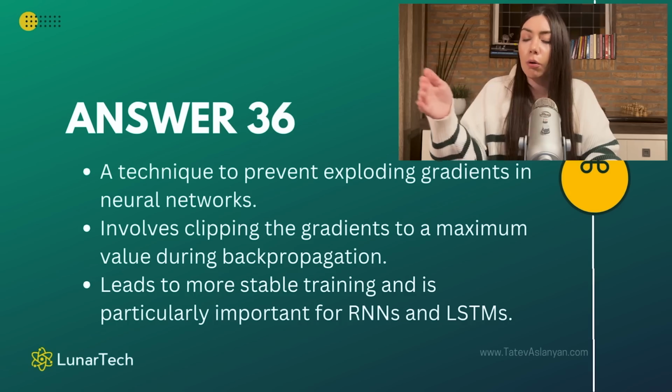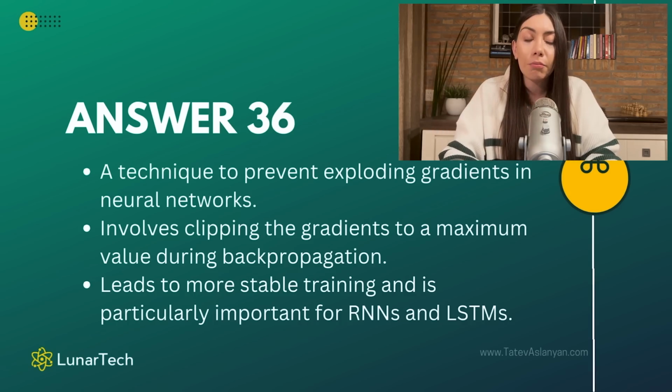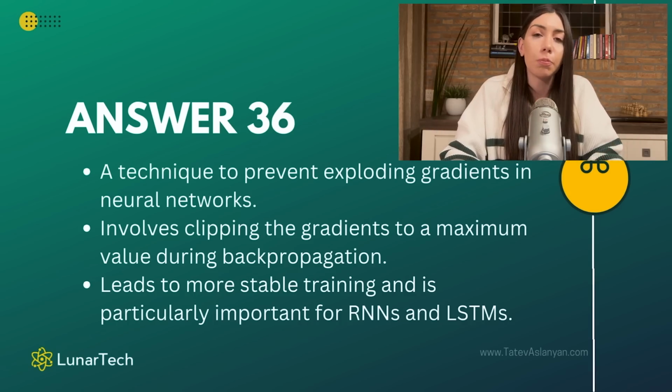And by the time we come to the earlier layers, it can be that we have exploding gradients. So the gradients become so large that it starts to impact the entire performance of the model.